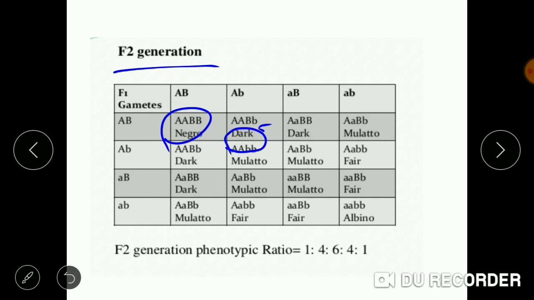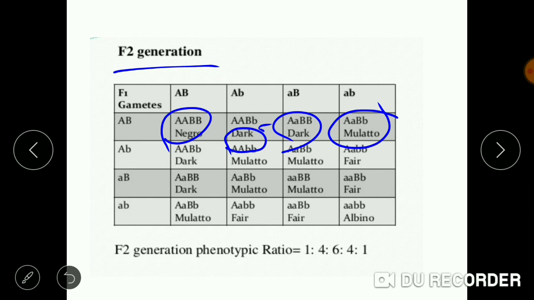You can say it will not be a Negro, it will be a dark color offspring obtained, as most of the alleles are dominant. Same here in this case also. And when both the dominant and recessive are in equal proportion, then it will be a mulatto. Mulatto is a color in between, intermediate color between dark and the white complexion.